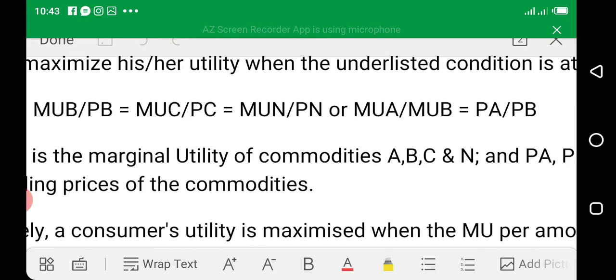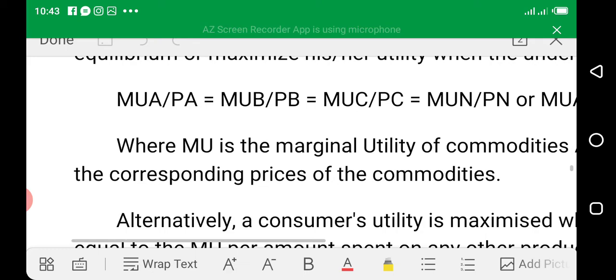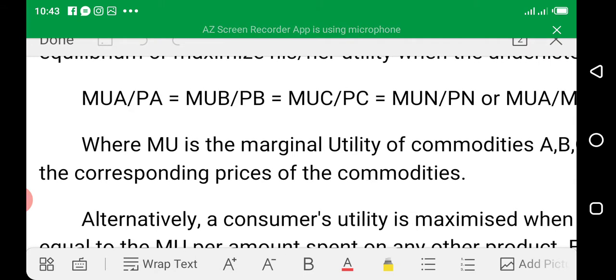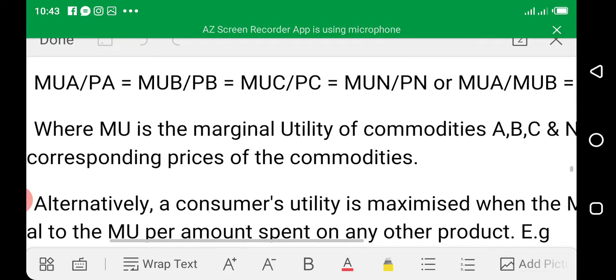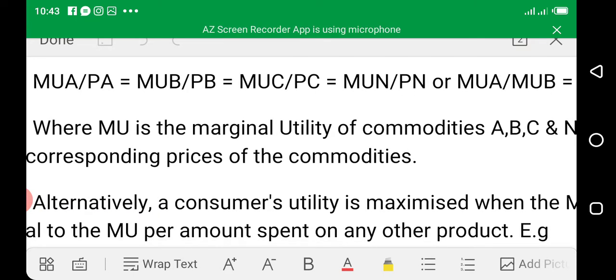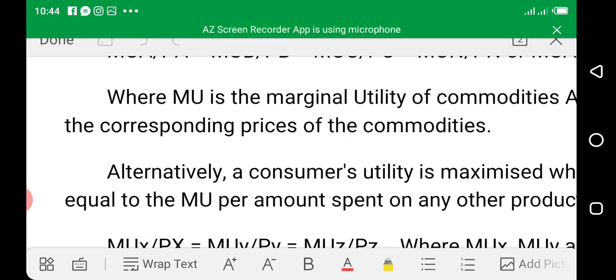So when both the price and the utility derived are equal to each other, then we say that the consumer has been able to maximize utility, or is at equilibrium, when the utility derived is equivalent to the price of that particular commodity.